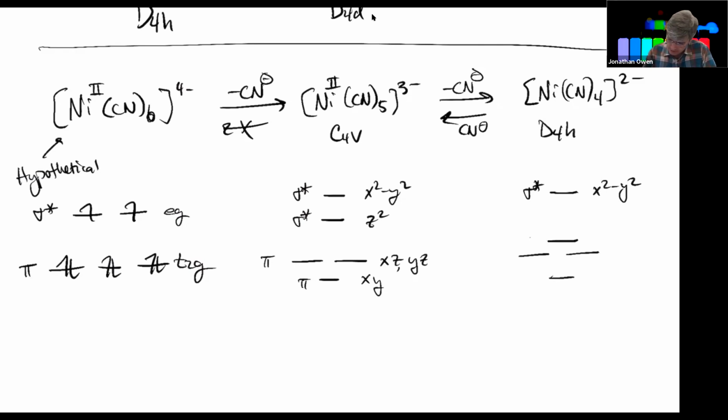Z squared drops even further, but it's still sigma star. Why is that? We just lost both ligands along the Z-axis. Why is it still sigma star? Is it because the symmetry will stay the same, but the energy might change? I mean, it's just changing the energy when you drop it, right? But it's still going to have the same type of symmetry that you would have for that particular orbital.